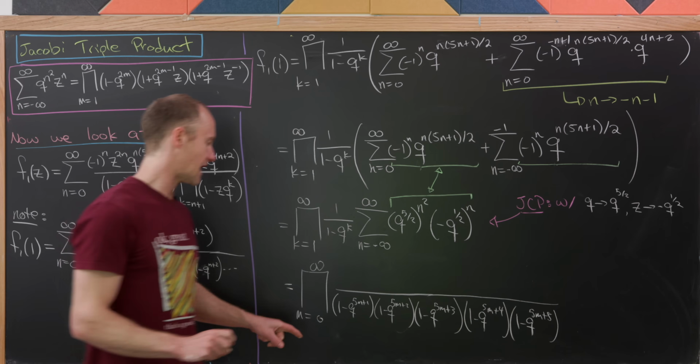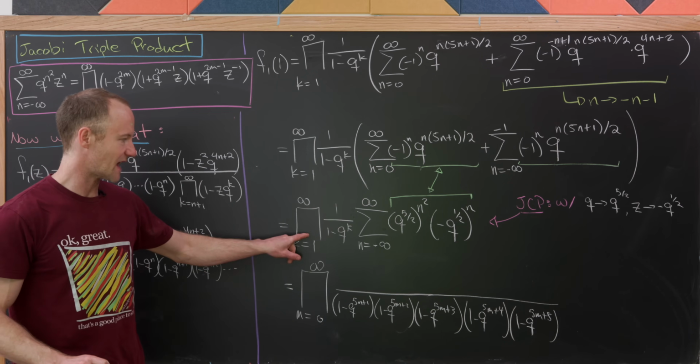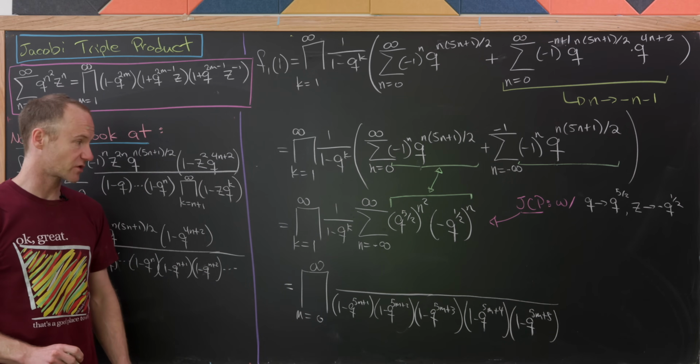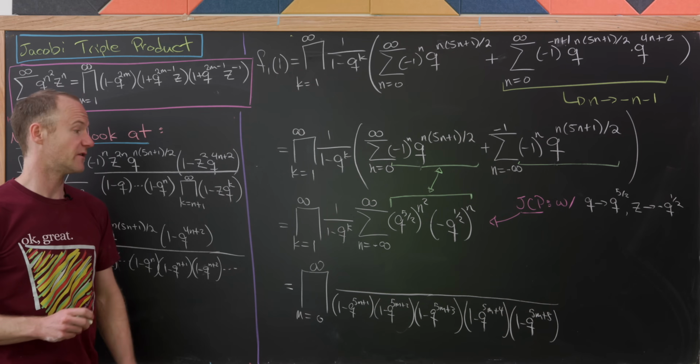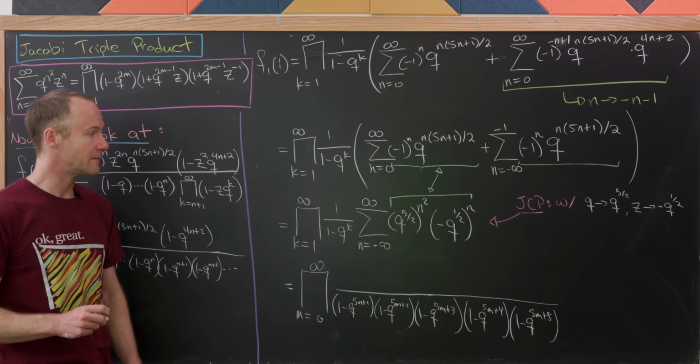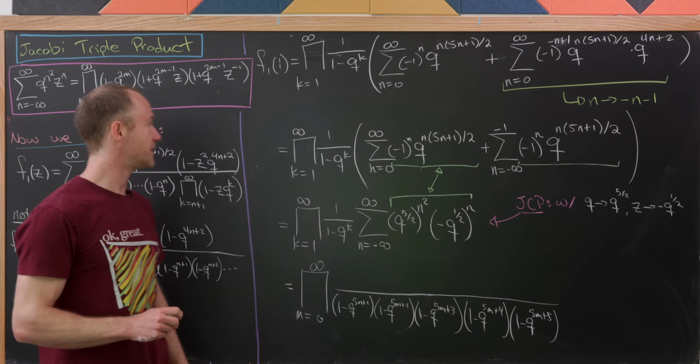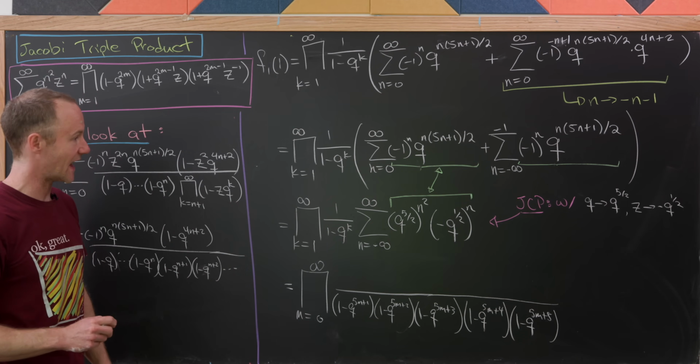Okay, so now let's observe that that captures everything that's happening in this first product, just maybe in chunks of 5. Okay, and then while applying the Jacobi triple product here, what will we have?